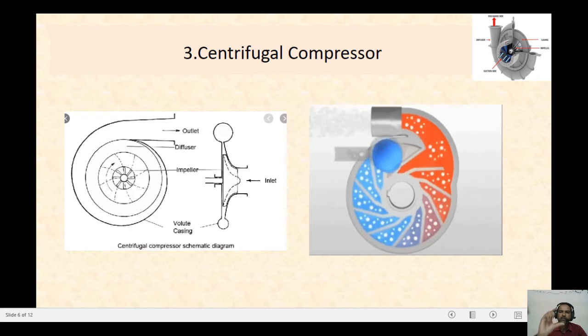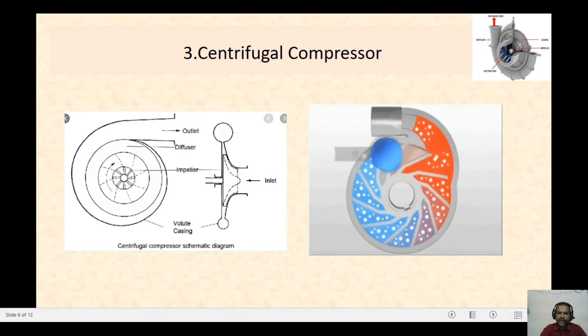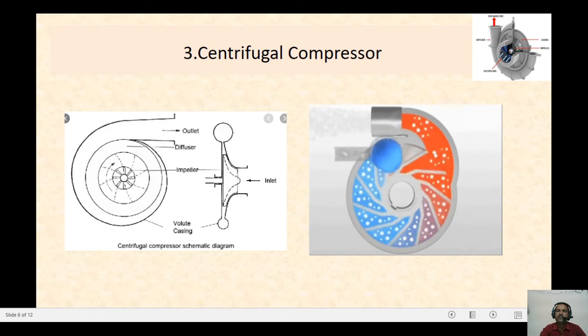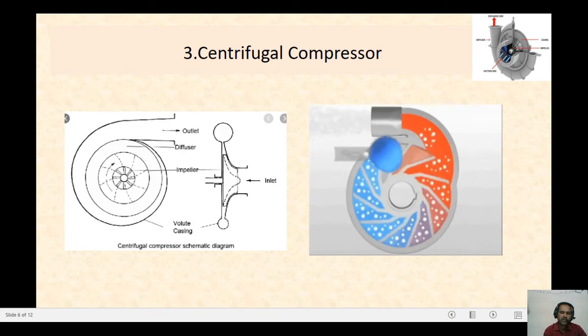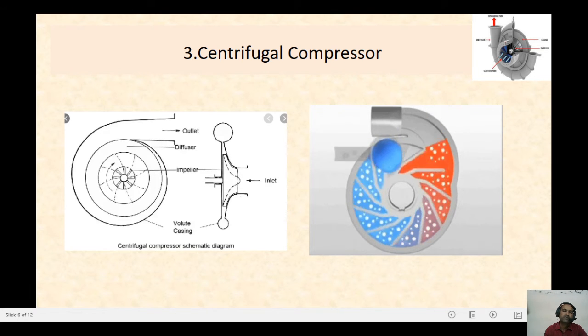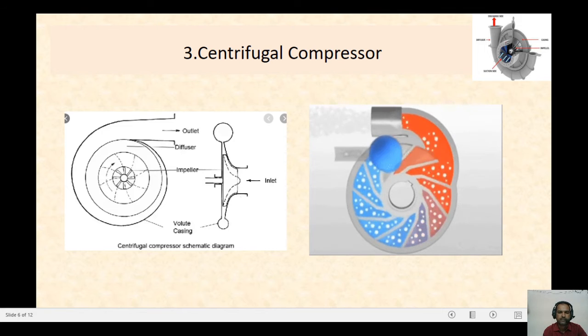What do you mean by centrifugal compressor? The centrifugal compressor can be defined as a device or mechanical system used to compress low pressure vapor into high pressure vapor with the help of centrifugal force, which is called the centrifugal compressor.